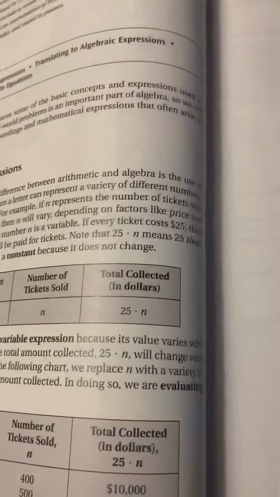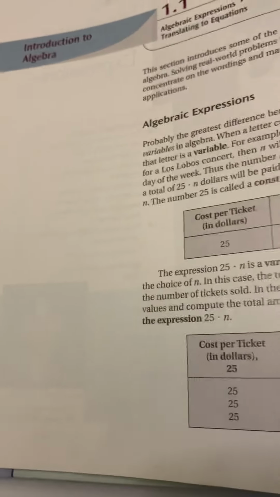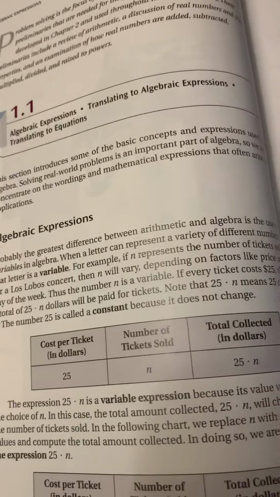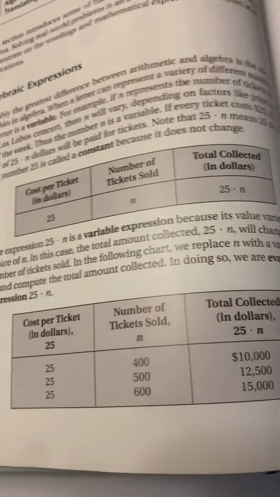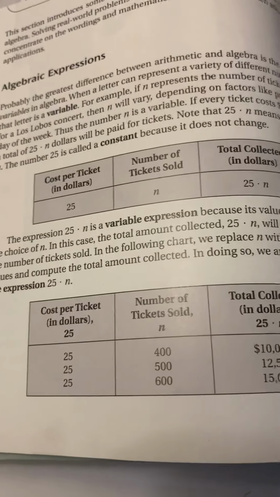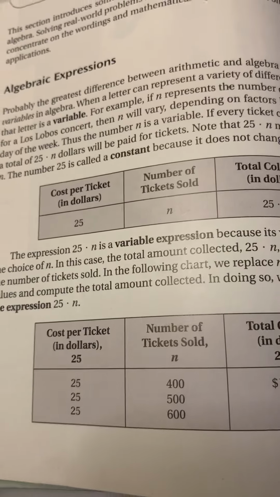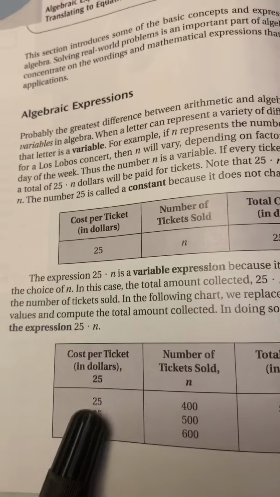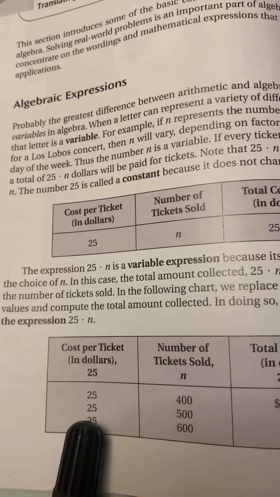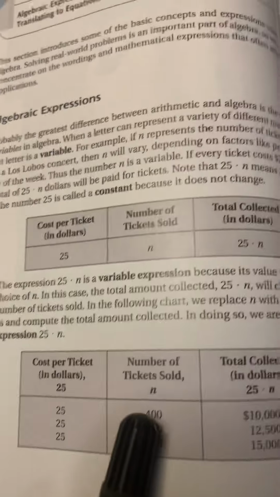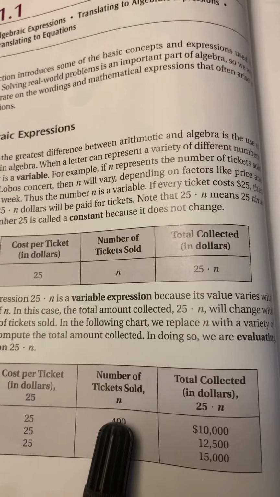Okay, let's go down here. Evaluating the expression. Now if we're going to find out how much money is going to be made, then we need to evaluate the expression. We use the information that we have to come up with the answer. The cost per ticket is $25. That's the constant, it does not change. The number of tickets sold, they change.